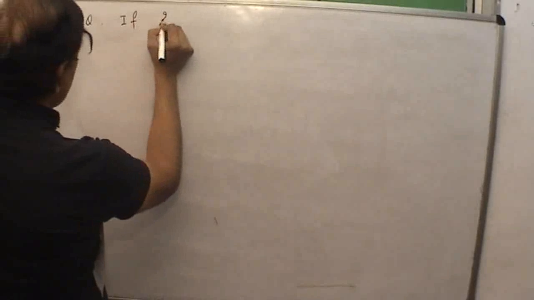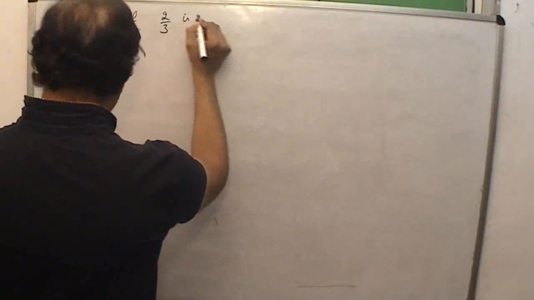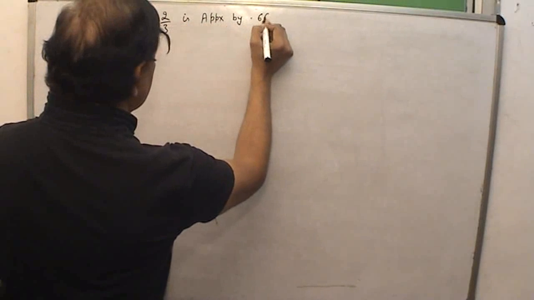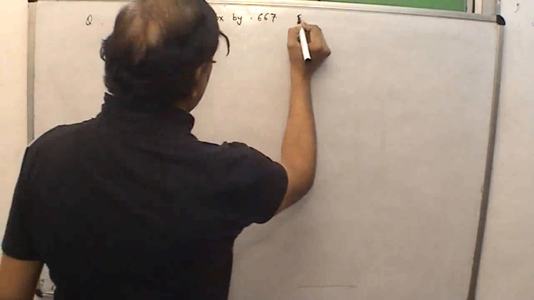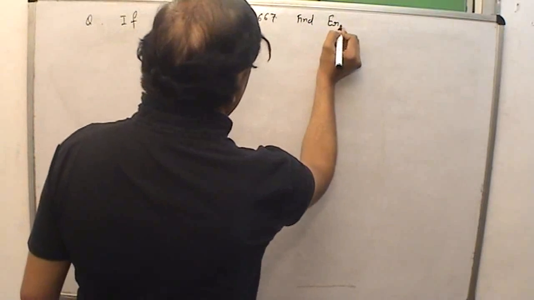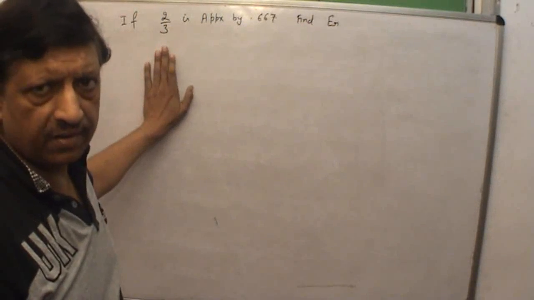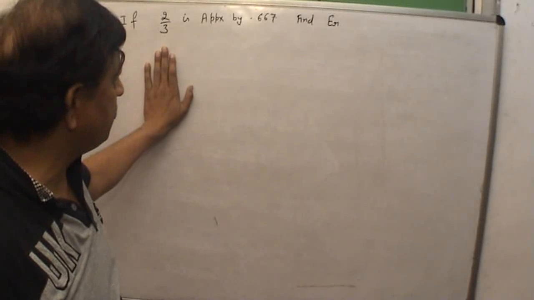Let us take a simple problem. If 2 by 3 is approximated by 0.667, then find the relative error. If we divide 2 by 3, we know it will give the non-terminating fraction 0.6666666.